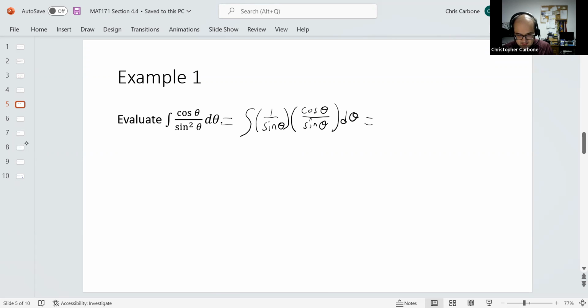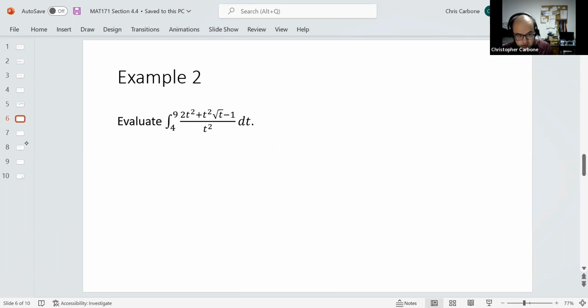And one last simplifying before we actually solve this: 1 over the sine of theta is the cosecant of theta. And cosine of theta divided by sine of theta is the cotangent of theta. So this is the integral of the cosecant of theta times the cotangent of theta d theta. And this will be equal to the negative cosecant of theta plus c.